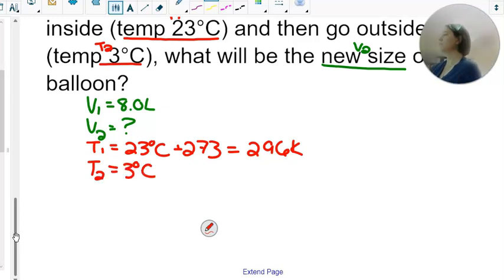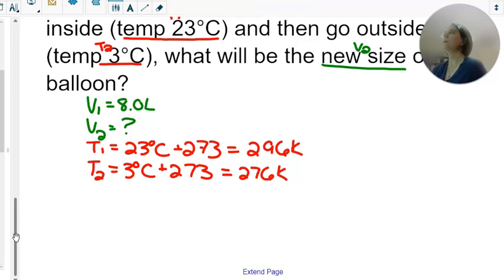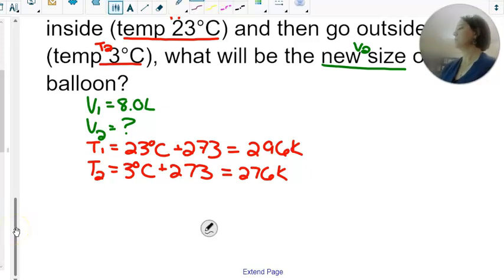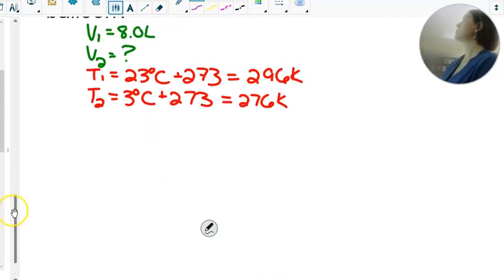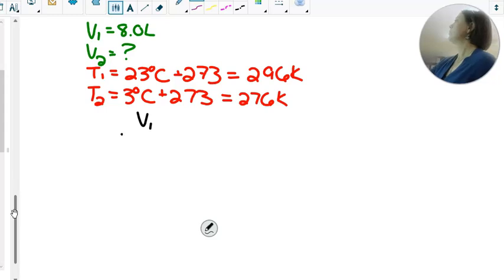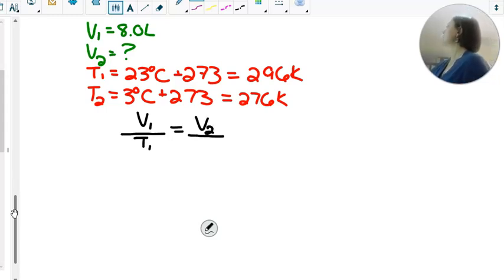And our T2 equals 3 degrees Celsius. Let's go ahead and do our conversion as well. Plus 273 equals 276 Kelvin. All right, the next thing we do is we write our equation. So let's give ourselves lots of room. V1 over T1 equals V2 over T2.